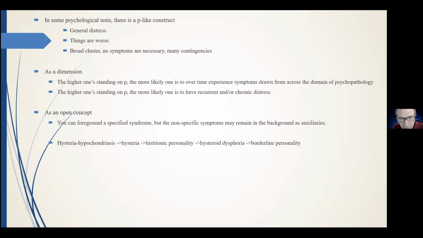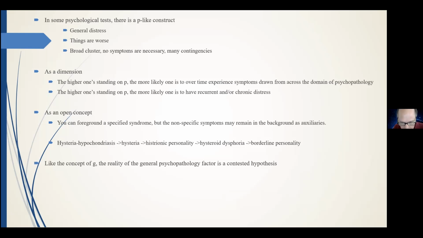In the early 1970s, a psychiatrist named Donald Klein foregrounded the affective traits and called it hysteroid dysphoria. Now, everybody that Klein diagnosed as hysteroid dysphoria would probably be diagnosed with borderline personality disorder. So you can extend the concept this way, extend it that way, redescribe it.